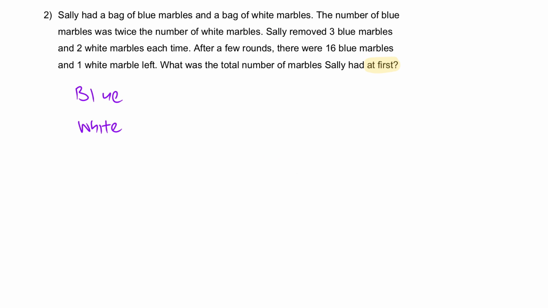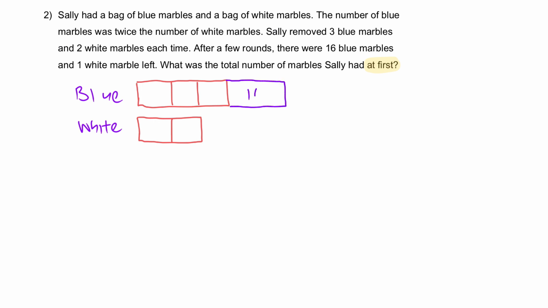So I remember the amount removed for blue is 3 units, and the amount removed for the white marbles is 2 units, and the amount remaining for the blue marbles is something like this, 16, and we have 1.